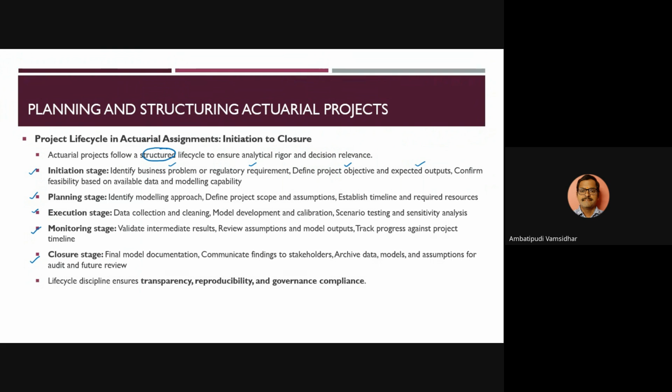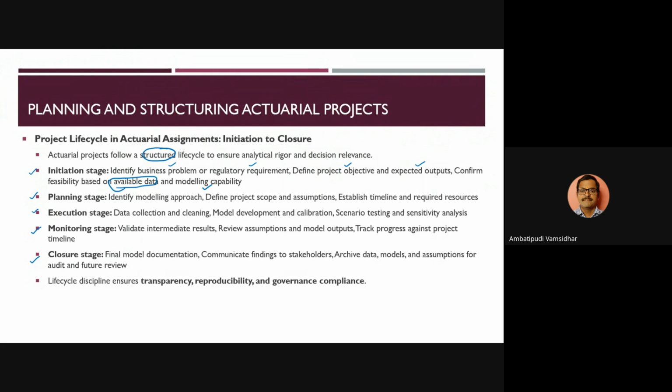Is it really feasible to take up the project? Do I have the sufficient data to execute this project or not? Is the project feasible? Do I have proper modeling expertise, modeling capability in my team who can quite comfortably execute this project? All those things you decide during the initiation phase.